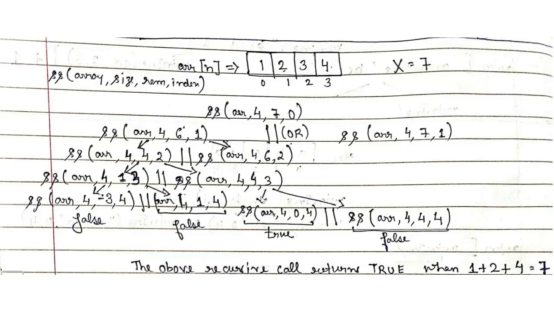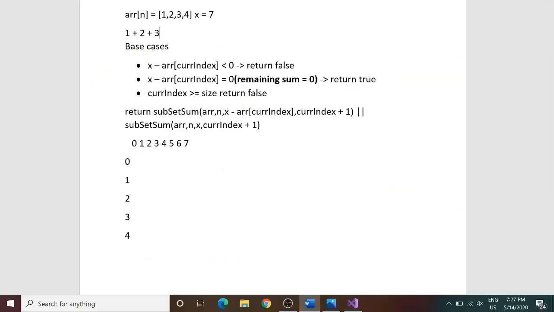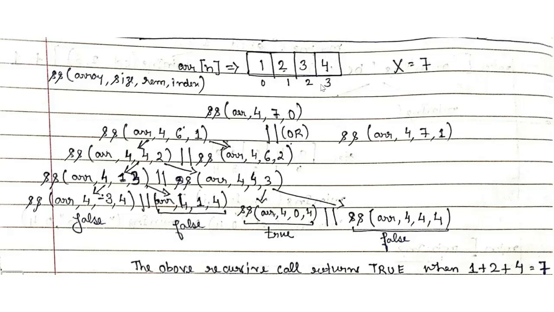But over here, what do I see? I made use of the element present at index 3, and hence I included 4. What do I have at index 3? I have a 4 over here. That's why I am left with 0. Hence, what does this path signify? This path signifies a subset of 1, 2 and 4.